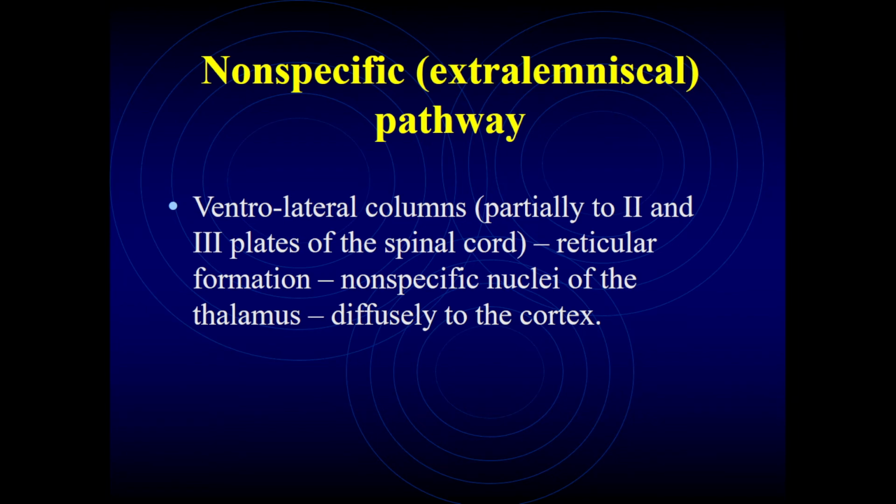Impulses are sent along the ventrolateral columns, partially to the second and third plates of the spinal cord, to the reticular formation of the brainstem, then to the non-specific nuclei of the thalamus, and finally impulses are sent diffusely to the cortex.